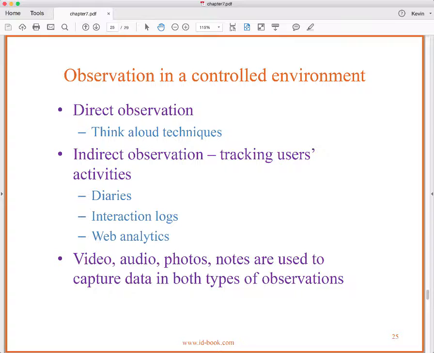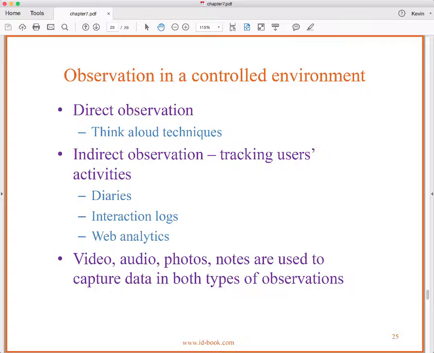Web analytics, and a lot of these kinds of things, not only from the web, but things from, say, set-top boxes and that kind of stuff. And we can collect a lot of direct data about how people are interacting with our device, our application, our content.